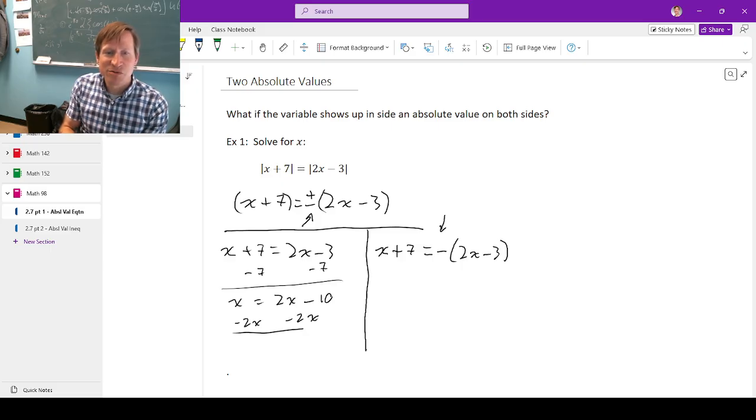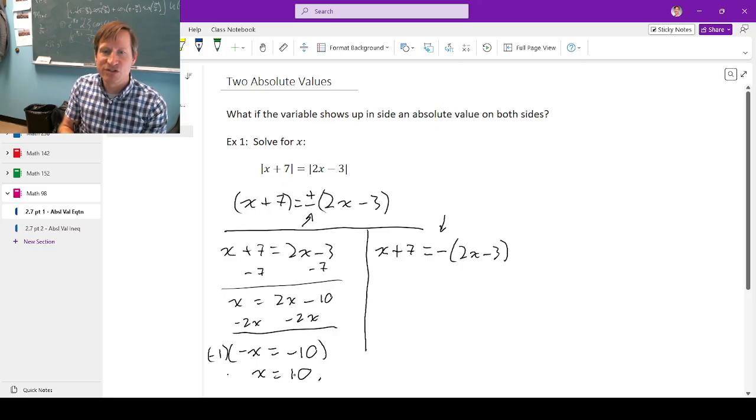On the left, we get minus x, and on the right, we get just minus 10. Now we need to multiply both sides by minus 1. On the left-hand side, we just get x, and on the right-hand side, we get 10. So x equals 10 is our first solution.